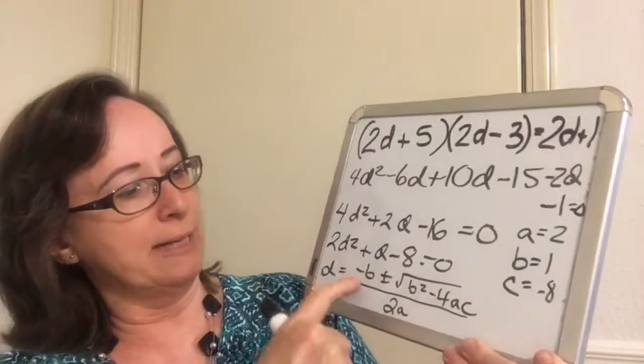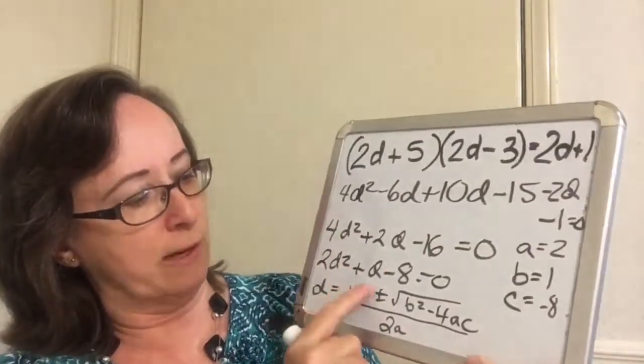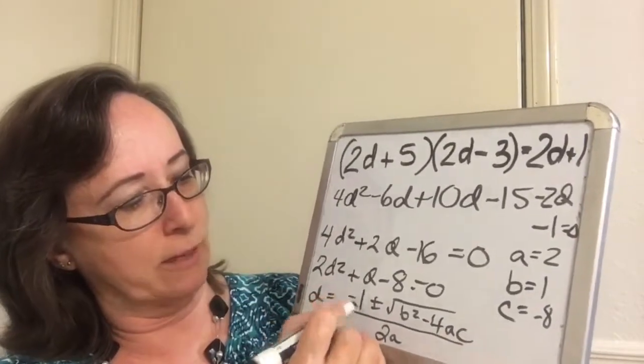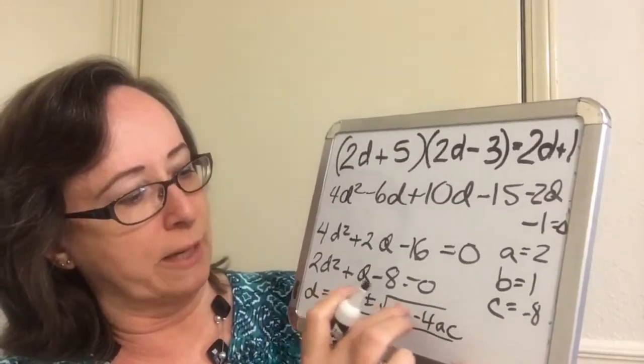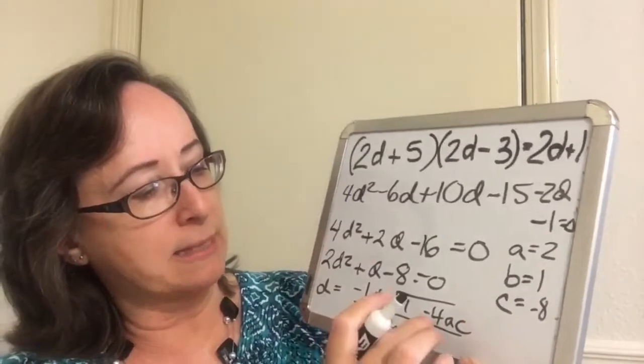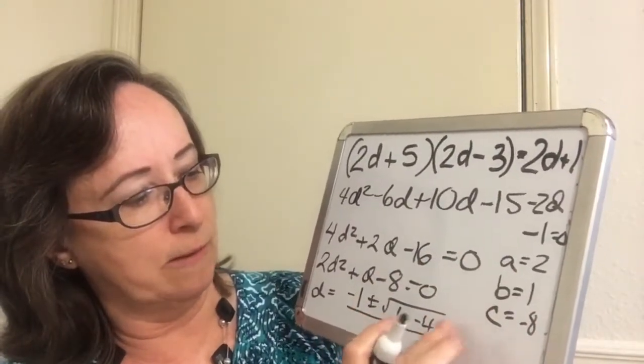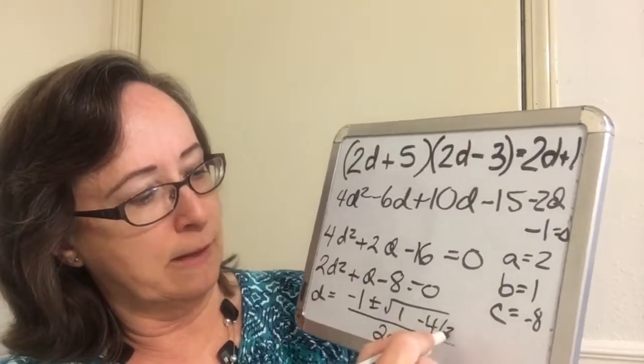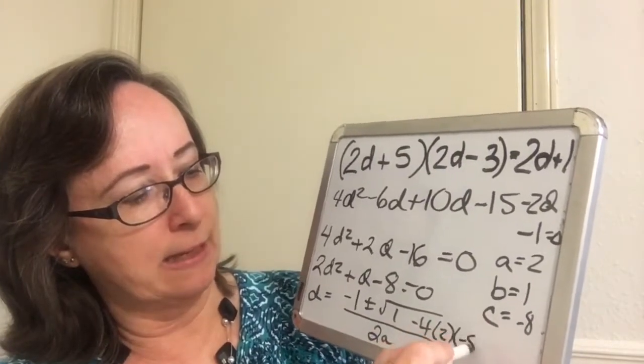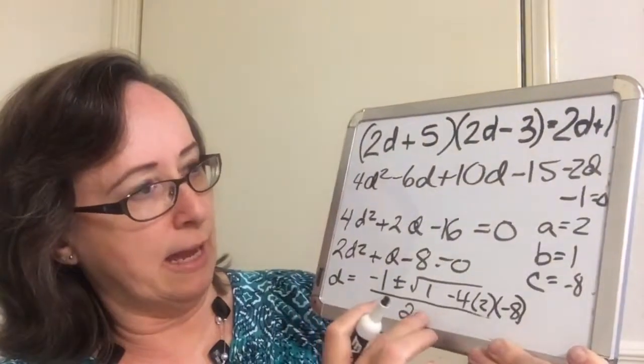Okay, so negative b is going to be negative 1. B squared is going to be 1. And times 4 times a, which is 2. C is negative 8, and then a is 2.